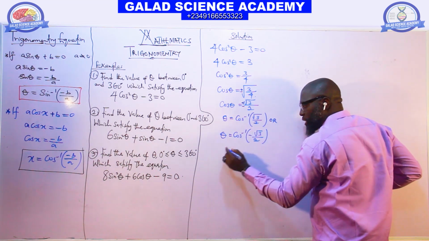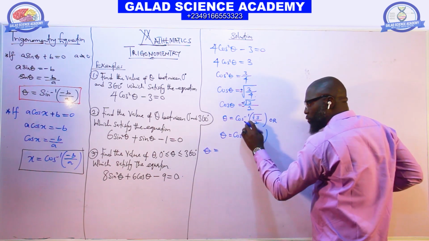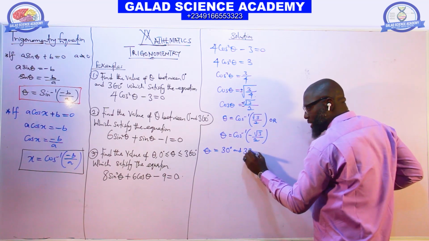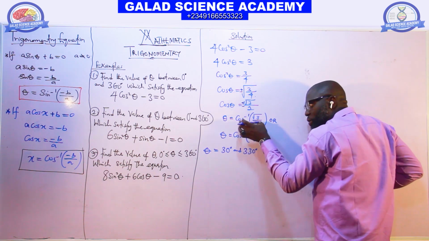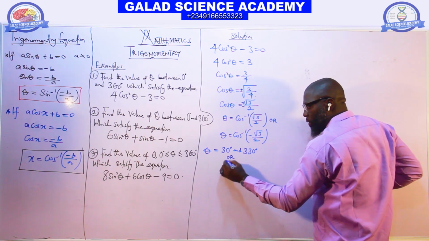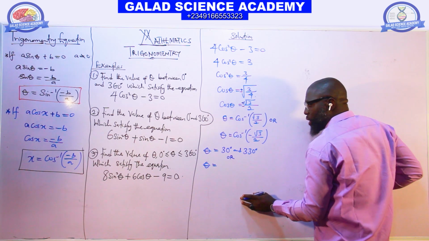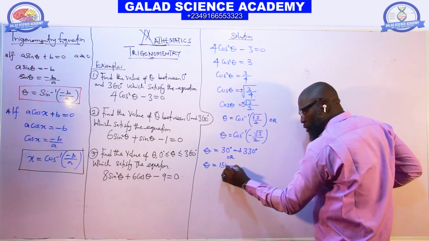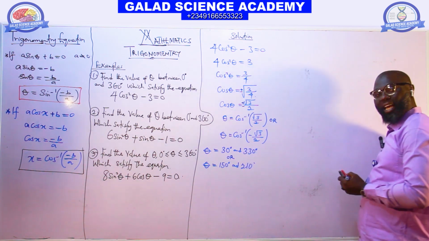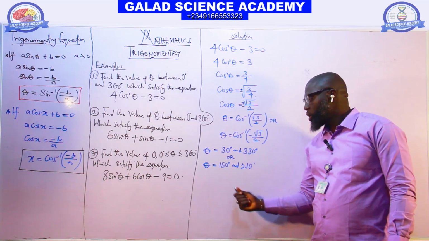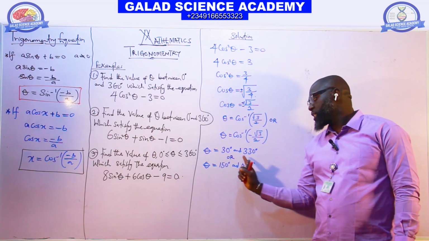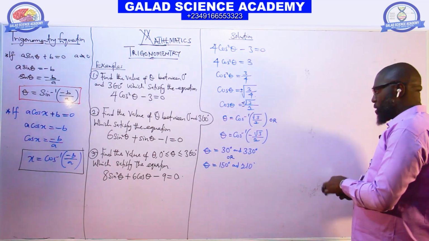If you solve for the plus, you have theta equal to 30 degrees and 330 degrees for the positive value. But for negative, we have theta equal to 150 degrees and 210 degrees. The negative value of 0.866 is 150 or 210. The positive value for this one will be 30. Let me solve the second one too.